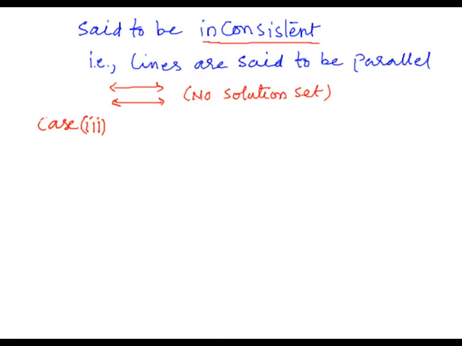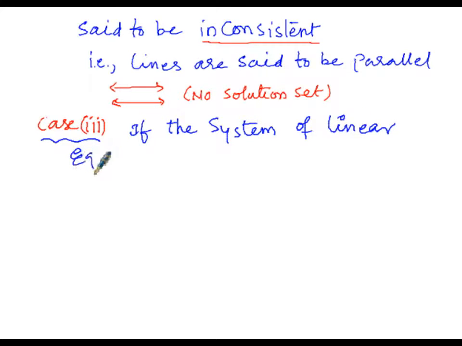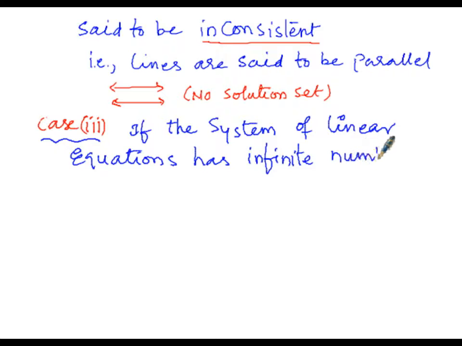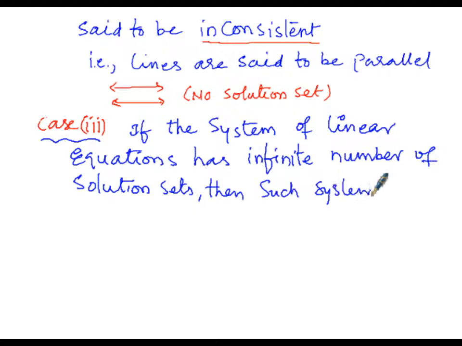In case number 3, if the system of linear equations has an infinite number of solution sets, then such a system is said to be dependent.